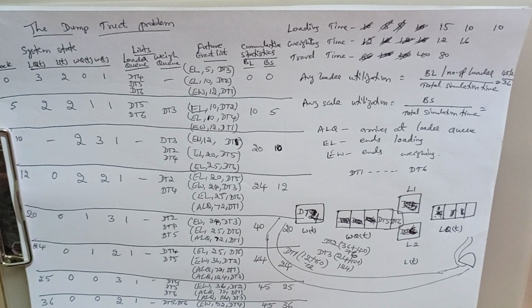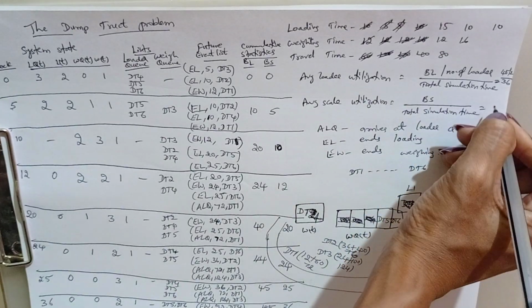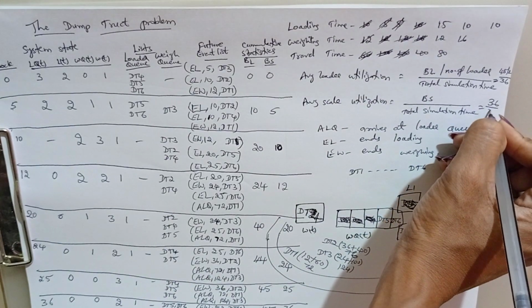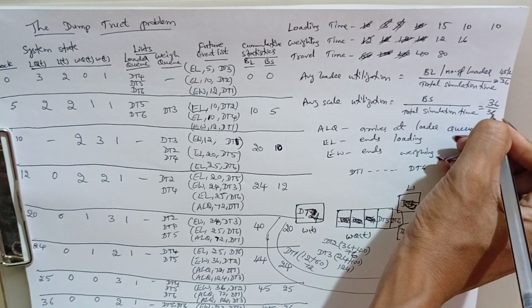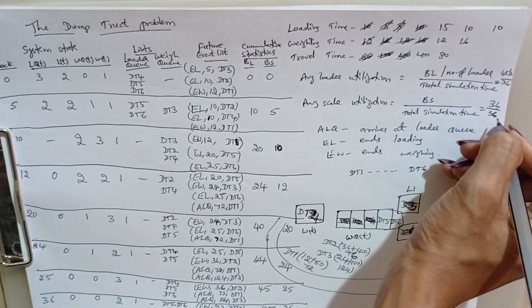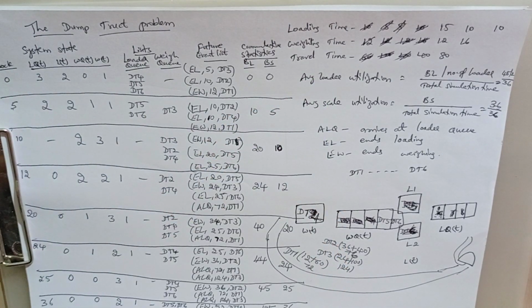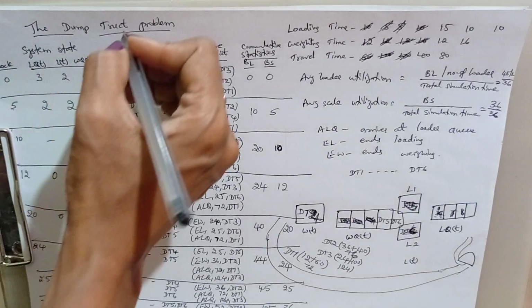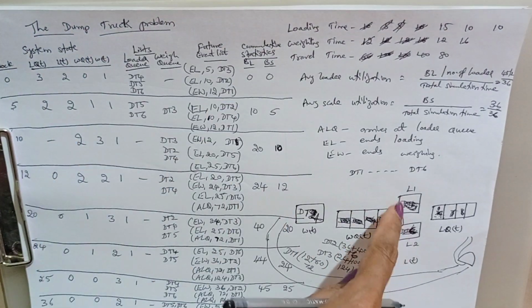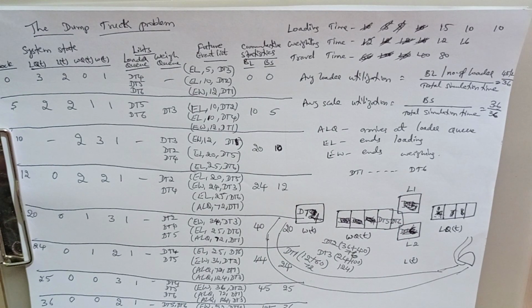BS is scale, value is 36 divided by last simulation time 36. This is how to calculate the loader utilization and scale utilization. This is about the dump truck problem. You can take it as double channel queue because here 2 loaders are considered.